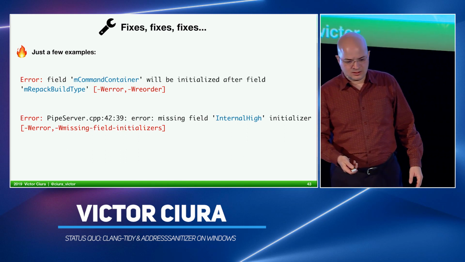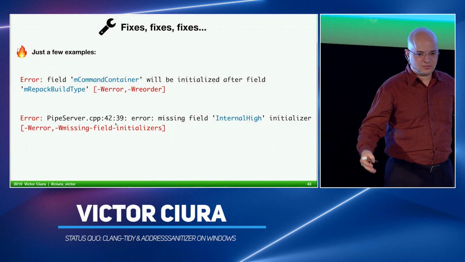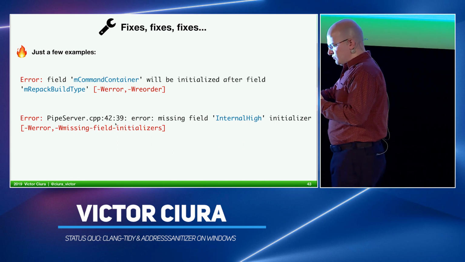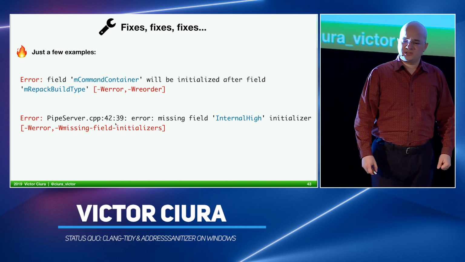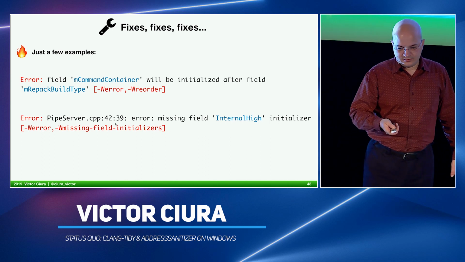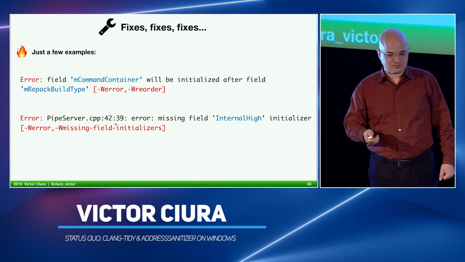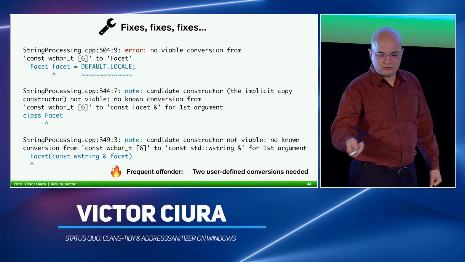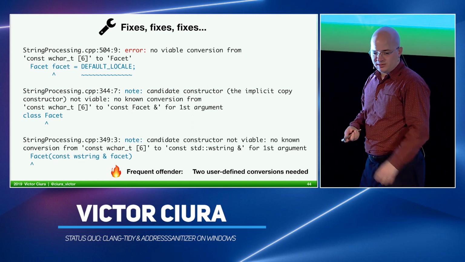Missing field initializers. Another thing that we found frequently in large data structures with configuration parameters. Lots of field initializers were missing. Again, there's no fix to address this at scale. This is a little bit more tricky to build. So, yeah, community input is good here. Another frequent offender is two user-defined conversions, which is not allowed to be applied by the compiler.